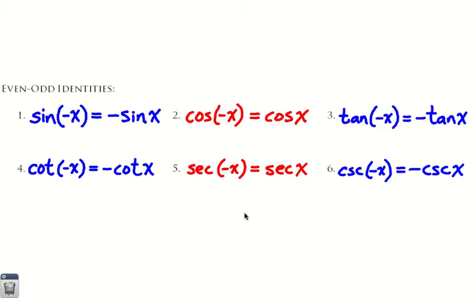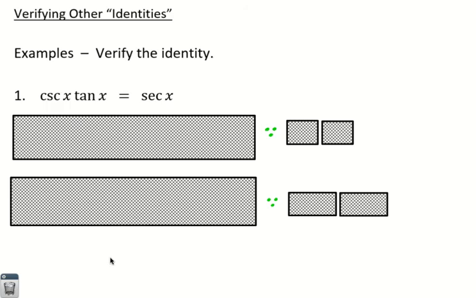If we didn't, I'm sure you could, on your own without too much trouble or confusion, investigate why these identities are true the way they are. But again, these are the even-odd identities, and it's just the way they are. These are just truths that are just true. What more can I say?